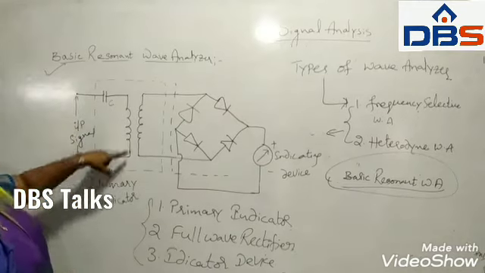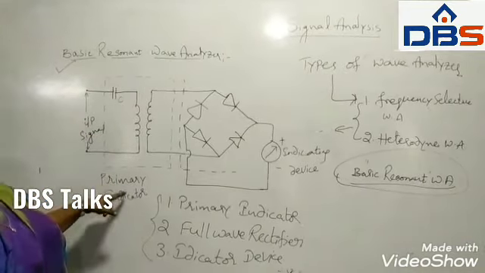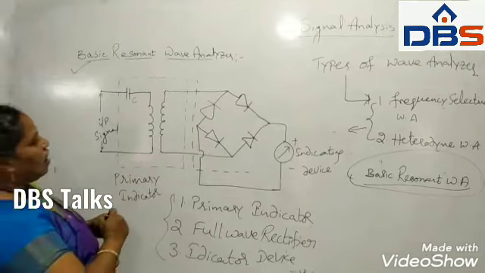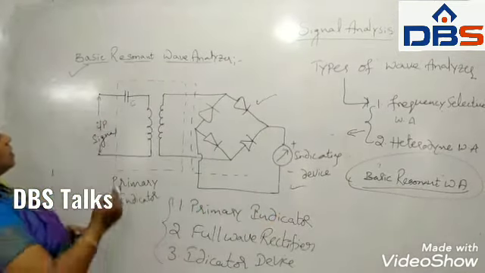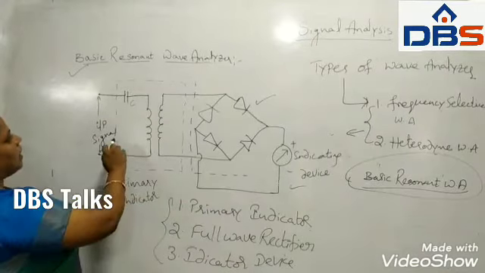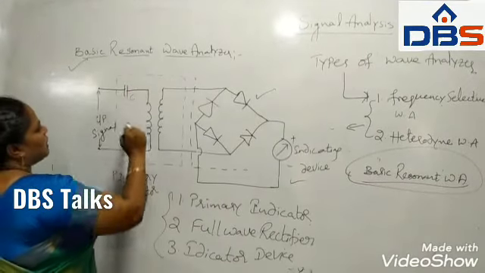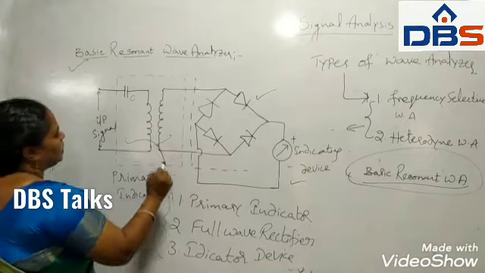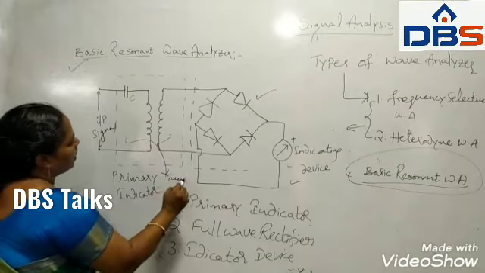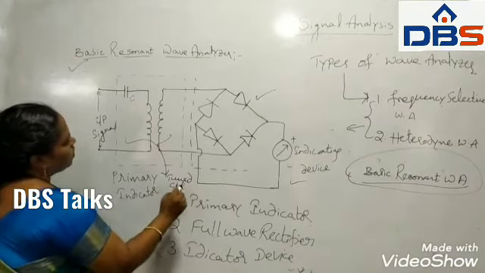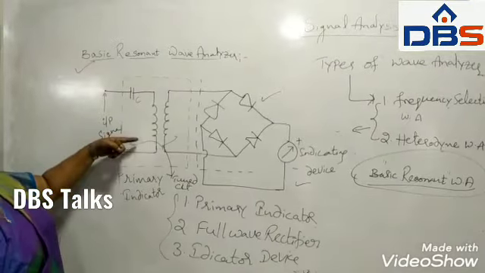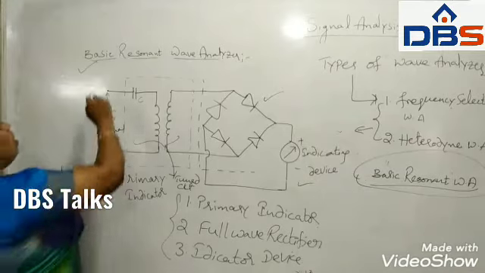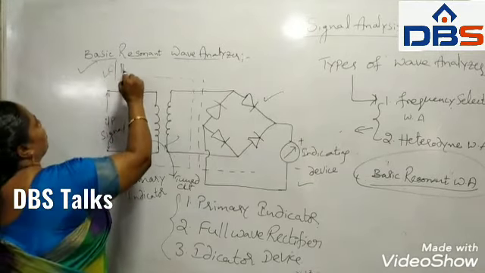Here this part is the primary indicator, this is the full wave rectifier, and this is the indicating device. The primary indicator is a tuned circuit. For tuning the signal, we can use an LC combination or an RC combination.